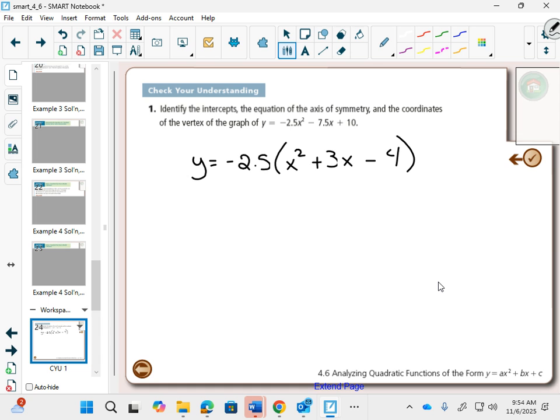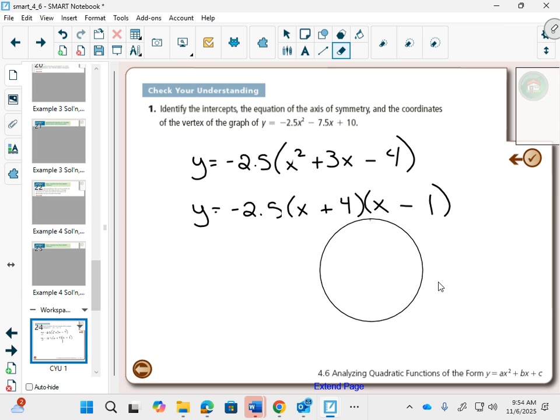Does this factor nicely? X and X. I think 4 and 1 rather than 2 and 2. I need my outside and inside to make plus 3, so I'm going to make my inside plus 4, my outside minus 1.